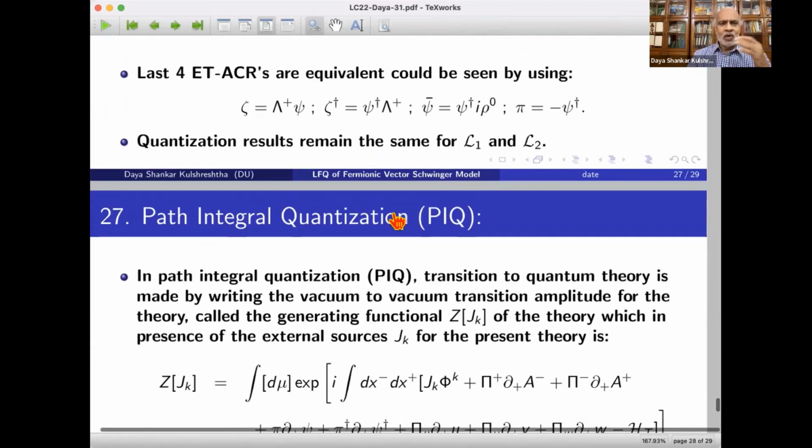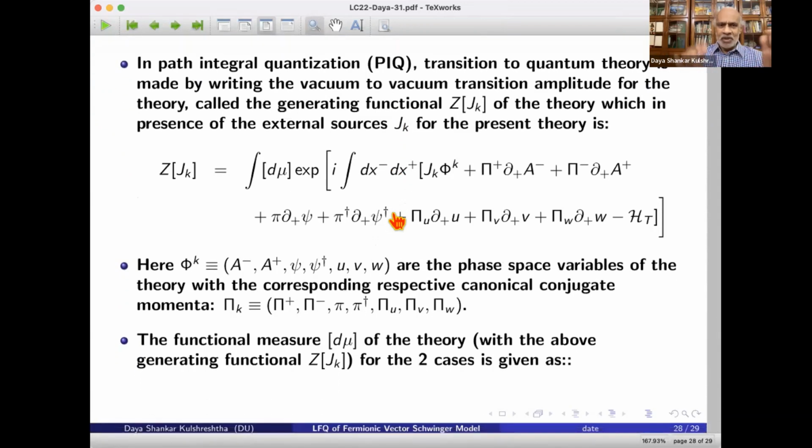We know everything about our theory in terms of Paul Maurice Dirac. So you can write the vacuum to vacuum transition amplitude for your theory. One vacuum refers to the time t going to minus infinity, the initial state, and in the S matrix theory, the second vacuum refers to t going to plus infinity, the final state.